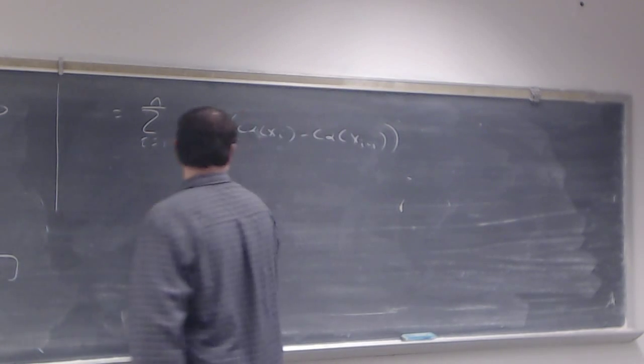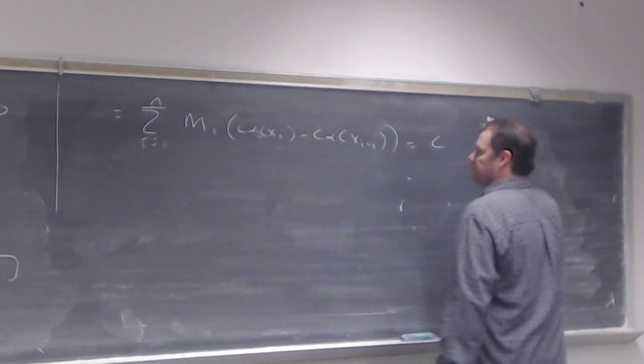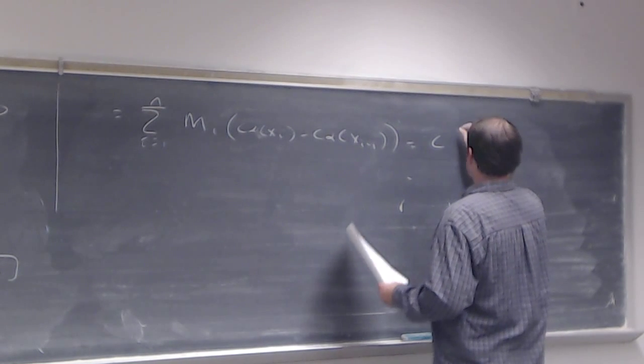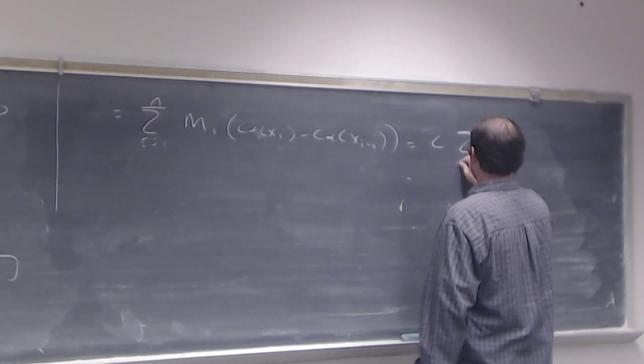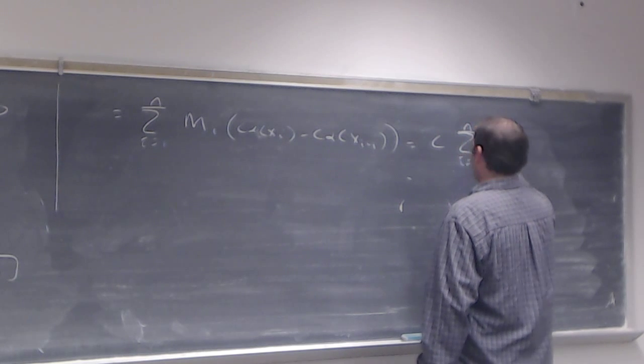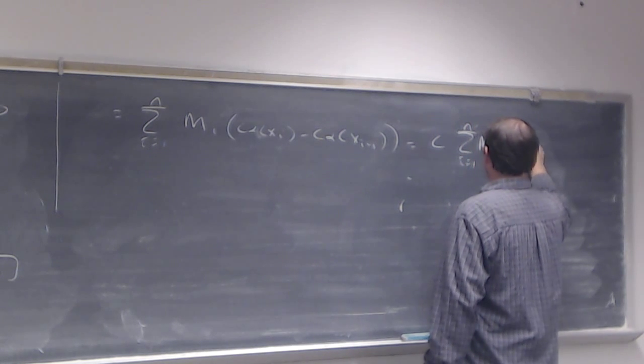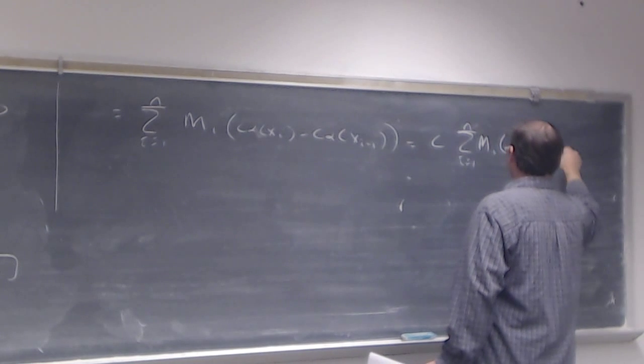You can factor out c, so that's c times the sum as i runs from 1 to n of M sub i times alpha of x sub i minus alpha of x sub i minus 1.